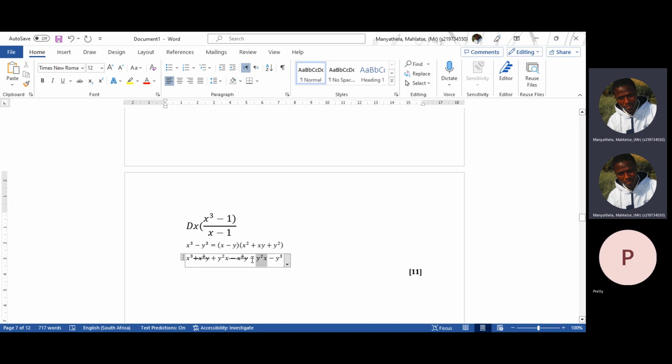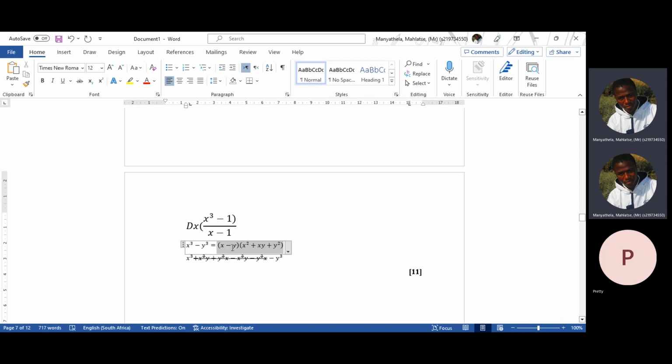Then we are remaining with x cubed minus y cubed. So we can conclude that x cubed minus y cubed is the same as (x minus y) into (x squared plus xy plus y squared).